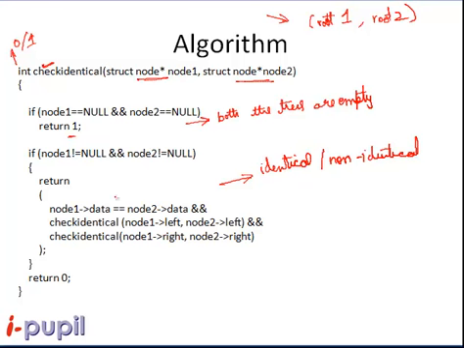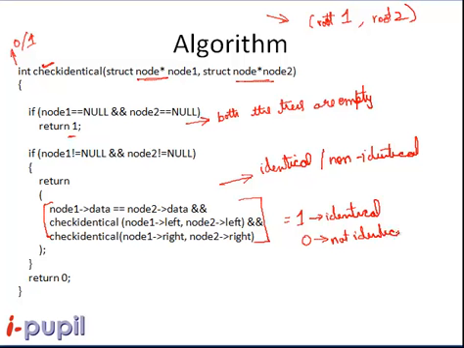So let's just see what we're doing over here. I return this value. If this value is 1, then I return 1, which means that the trees are identical. And if I return a 0, that means that the trees are not identical.